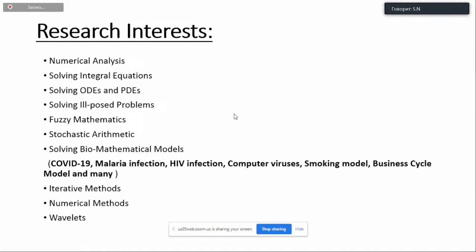I have a PhD in applied mathematics, and I'm working on numerical analysis and solving integral equations, ordinary differential equations, and also partial differential equations and mathematical models. I also apply different numerical methods and some analytical methods for solving problems.